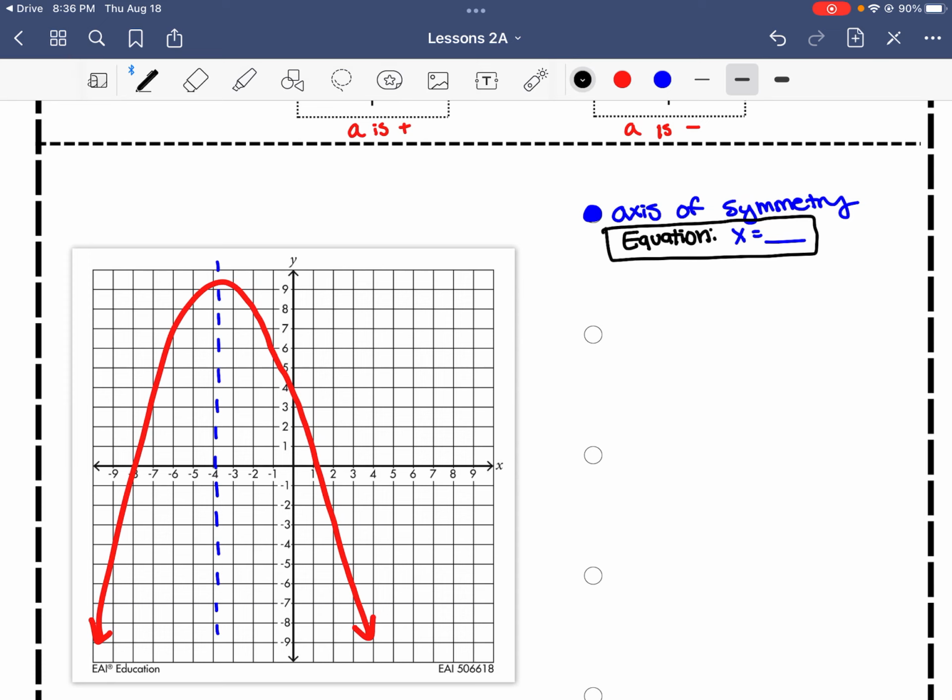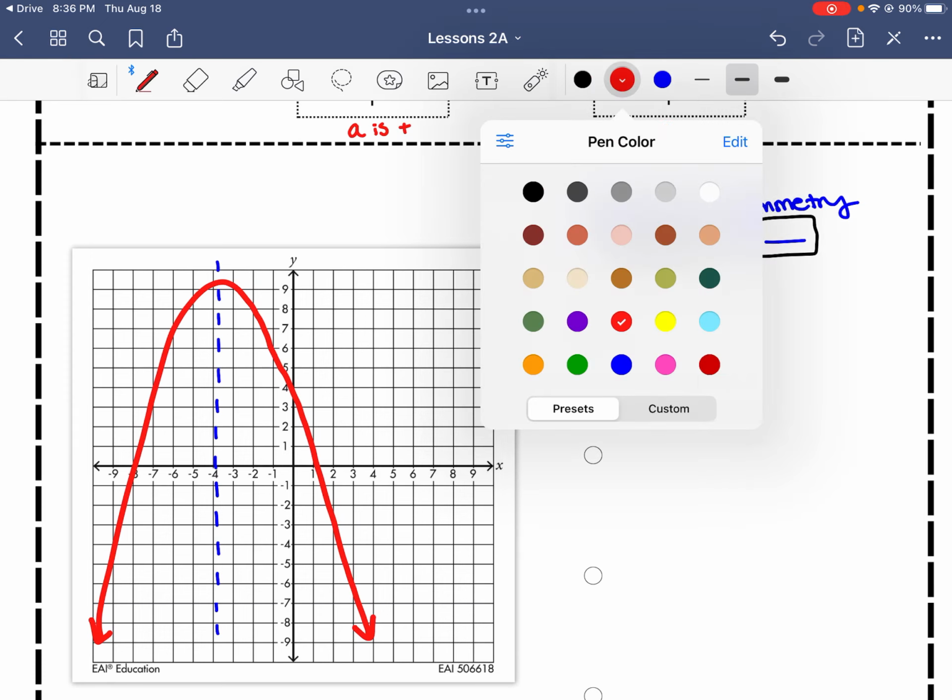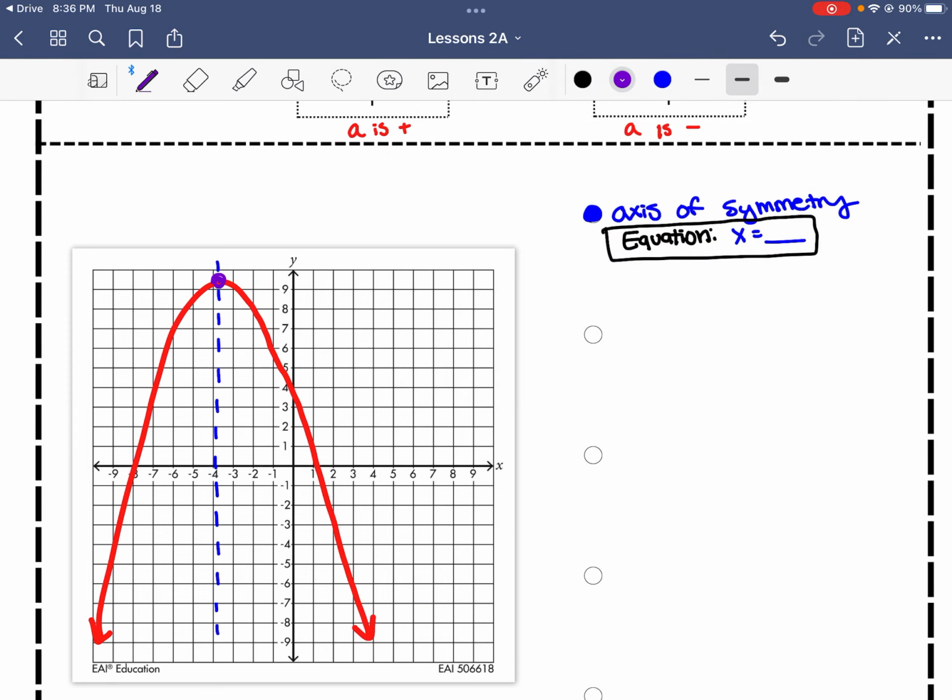The second thing is that our parabola has this very peak right here. This peak, which I'm again going to color it in here, this is called the vertex. And the vertex is usually a pair of points. Not a pair, it is 1 point. And remember that we usually write a pair of points as x, comma, y.